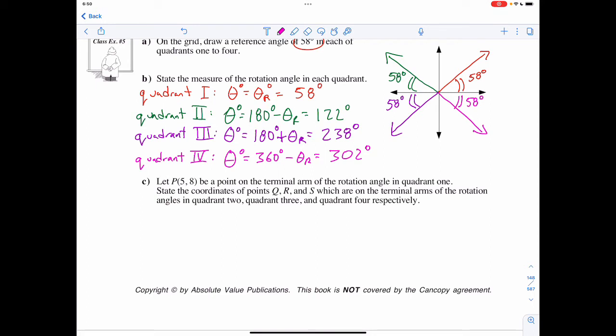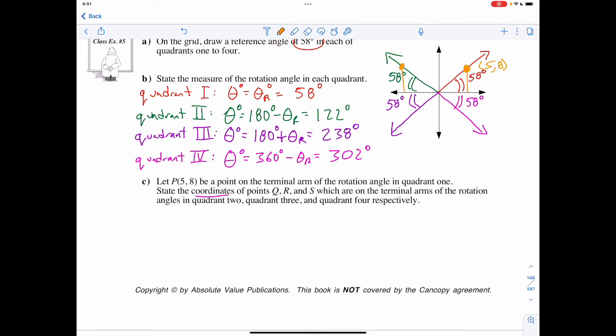If it says let point of 5 and 8 be a point on the terminal arm of the rotation in quadrant 1, state the coordinates of Q, R, and S, which are on the terminal arms of the rotation in quadrant 2, 3, and 4, respectively. Well, I know that if I have the point of 5 and 8 on this arm, if I drew that as a right angle triangle, then that would be the same over here.